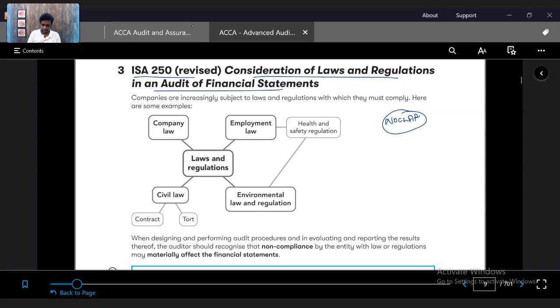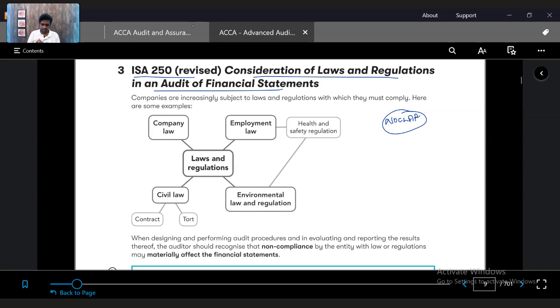Various companies out there are required to comply with a lot of laws and regulations for any jurisdiction that they work in. So if a company is working in the UK, there are various laws and regulations that they have to comply with. If they are working in India, they have to comply with Indian laws and regulations, and likewise US laws and regulations, etc. If the company has branches in all these three, they have to comply with the laws and regulations of all these jurisdictions.